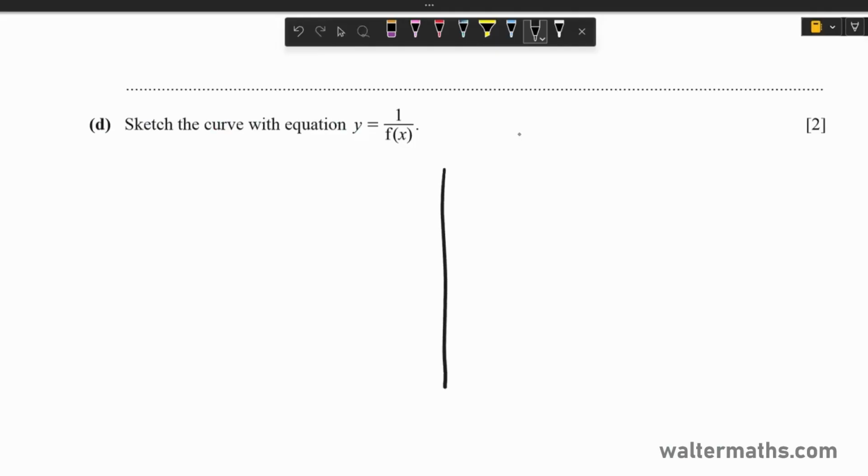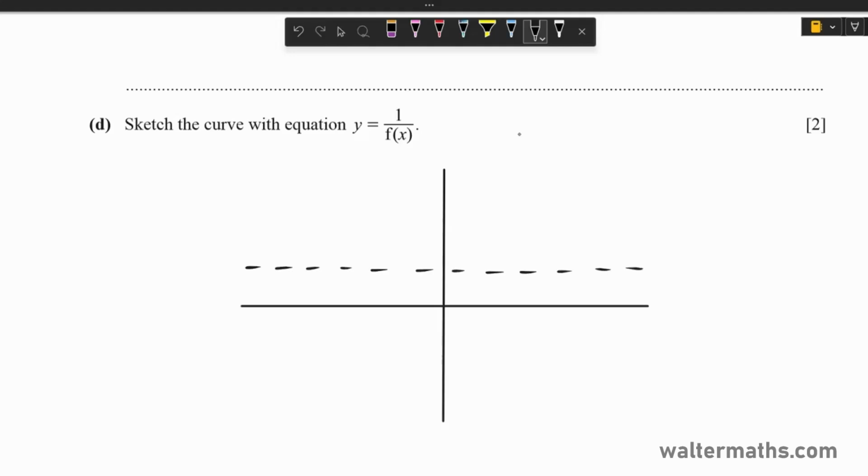So I'm going to make a sketch of it right here. So I have the axis, and we also have the horizontal asymptote, and it intercepts the y-axis at 1. Remember, this is the y-axis and this is the x-axis, and we say that the reciprocal graph will come down like this, and it will be like this.